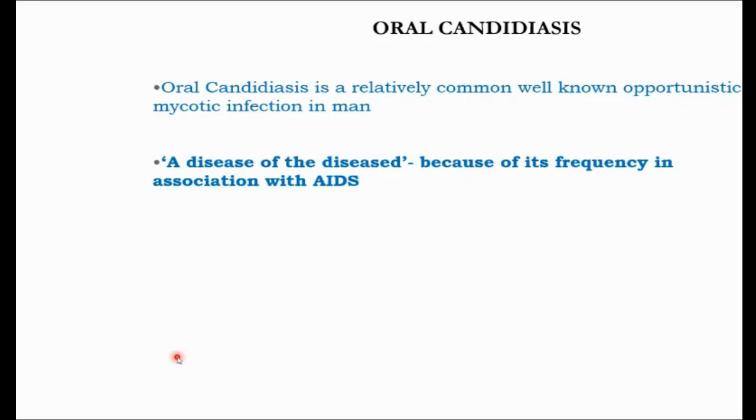Not only is it associated with extended periods of antibiotic intake or stress or simple things like that, but also with the disease of the deceased, that's your AIDS, or human immunodeficiency virus positive people, or acquired immunodeficiency syndrome. Okay, so it is a lesion strongly associated with AIDS.